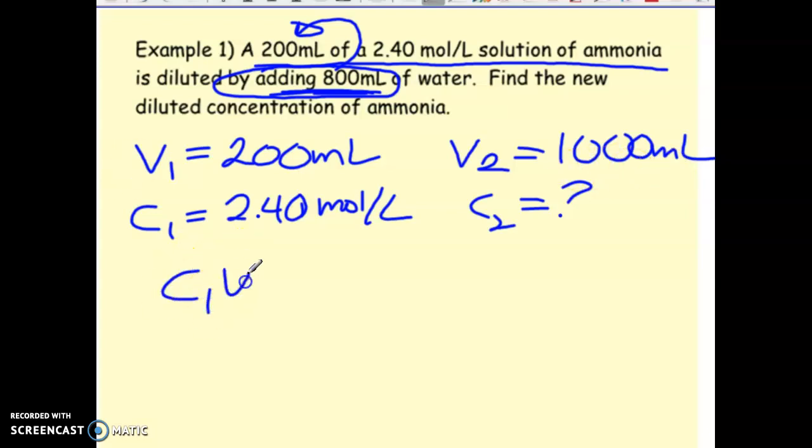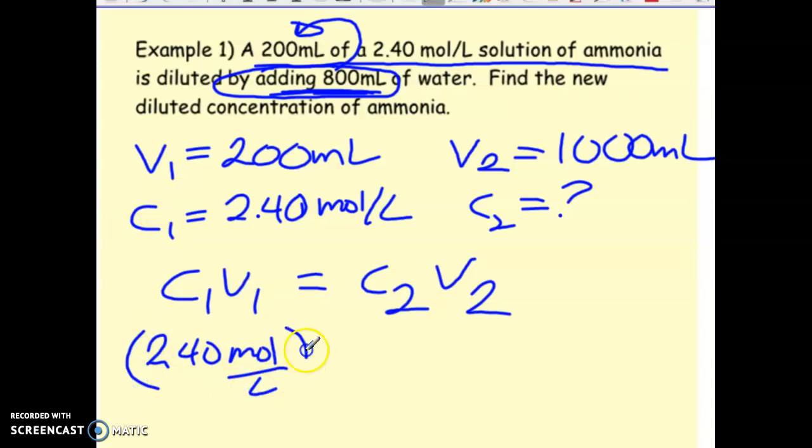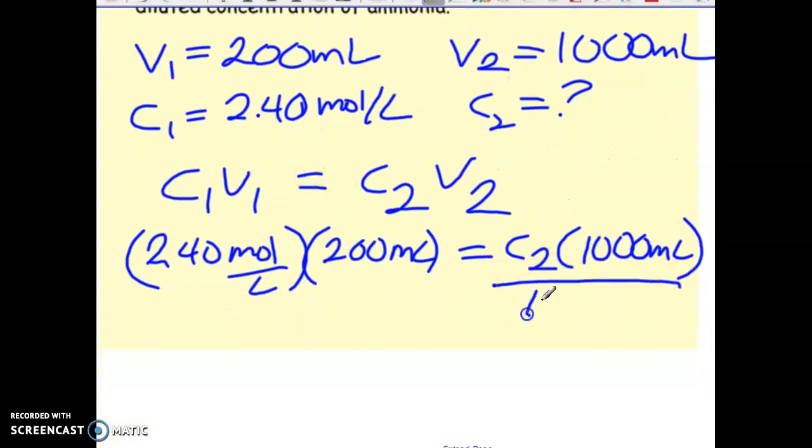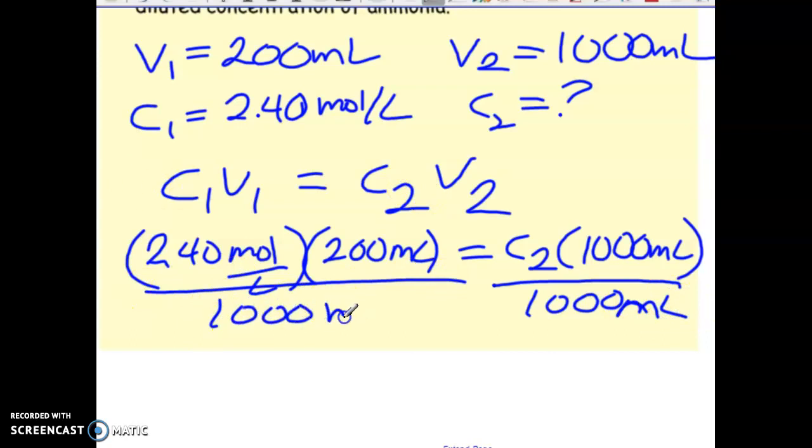So our formula is C1V1 is equal to C2V2. We make sure our units are consistent, milliliters and milliliters, so they are. So we have 2.40 moles per liter times 200 milliliters is equal to C2 times 1,000 milliliters. To isolate for C2, you have to divide by what it's with. Whatever you do to one side, you do to the other side. So our final answer is 2.4 times 200 divided by 1,000, which is 0.48.